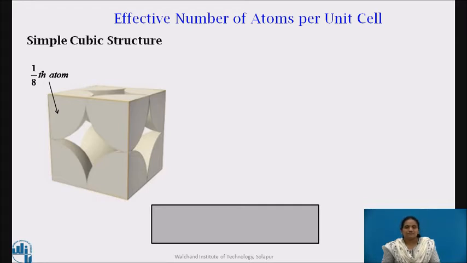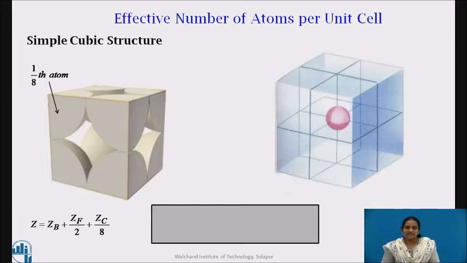The effective number of atoms per unit cell is given by Z is equal to ZB plus ZF by 2 plus ZC by 8, where ZB is the number of body centered atoms, ZF is the number of face centered atoms and ZC gives the number of corner atoms. In the three-dimensional array, each corner atom is linked to 8 surrounding cells as shown in the figure. Hence, in effect, the atom contributes 1/8 of its content to a unit cell.